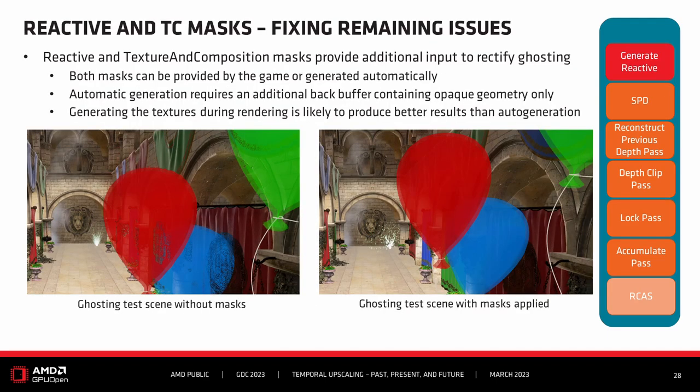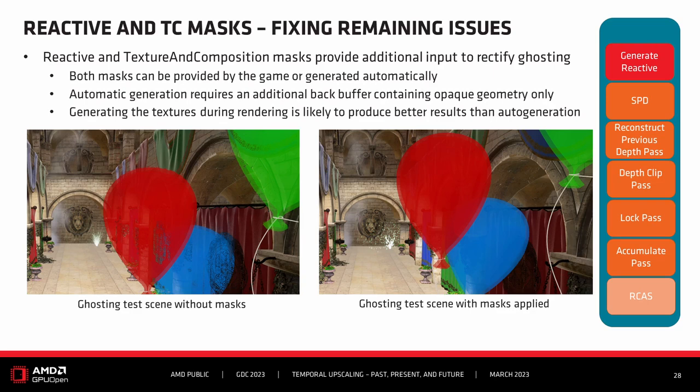In the two screenshots on this slide, you can see the effect of the reactive and TC masks. On the left is a screenshot from a scene specifically designed to highlight ghosting artifacts that might be caused by the core algorithm. And on the right, you see the same scene with the reactive and TC mask being applied. So the particle effect in the background has a lot of ghosting and the fast moving particles almost disappear.